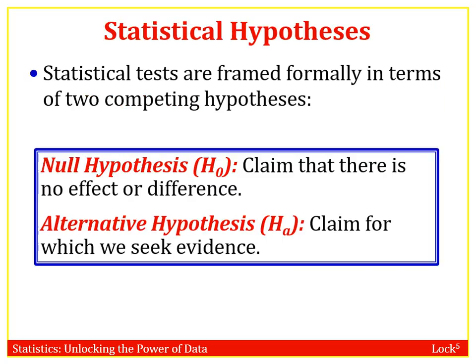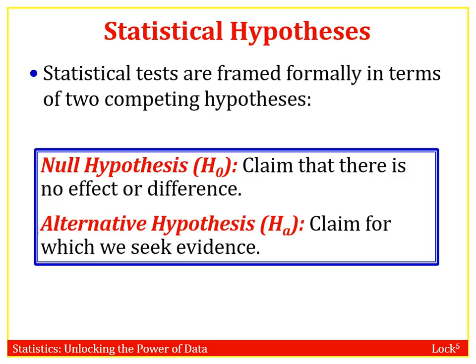So when you're doing your testing, we really have 2 things that we're going to look at, 2 hypotheses. We have our null hypothesis, which is kind of our initial claim, and it's always going to be that there is no difference. So your null hypothesis is always an equal to. Your alternative hypothesis is that which you're kind of seeking claim for.